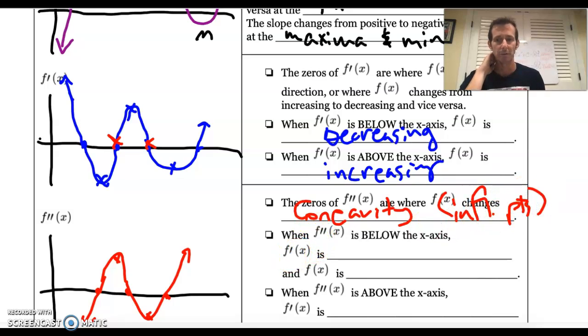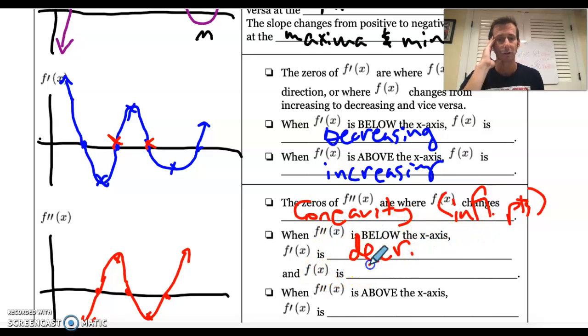And when the second derivative is below the axis down here, then the first derivative is decreasing. So everything that was true about the derivative and the function is also true about the second derivative and the first derivative. So this is negative or below the x-axis. That corresponds to a decrease in my first derivative. And if the second derivative is below the x-axis, that means the second derivative is negative.